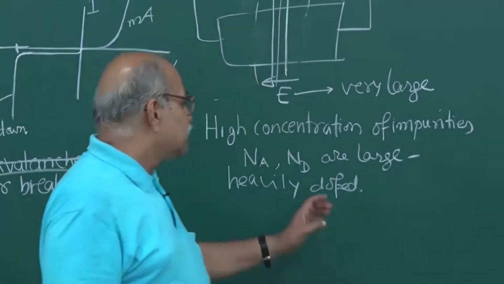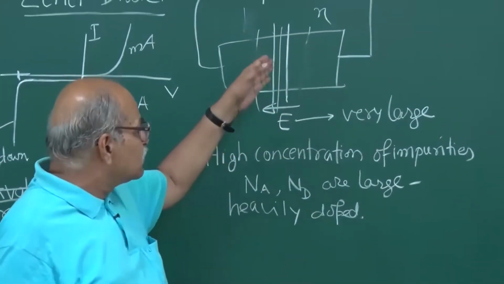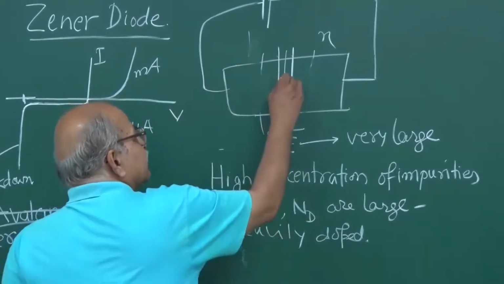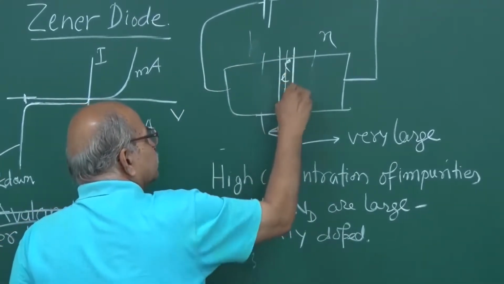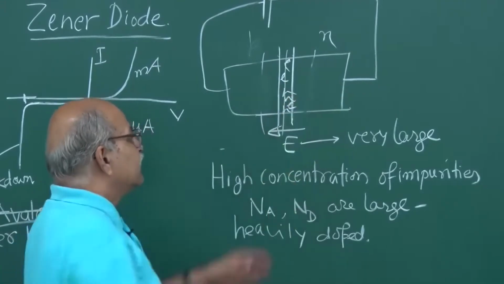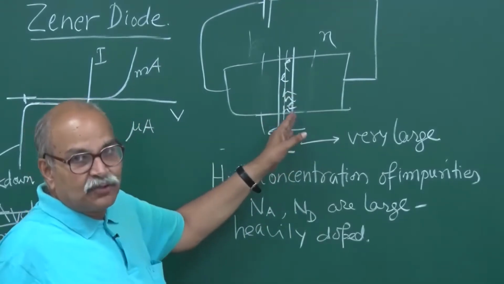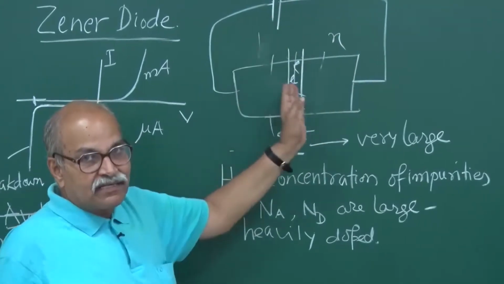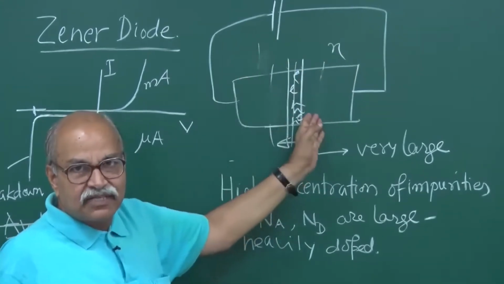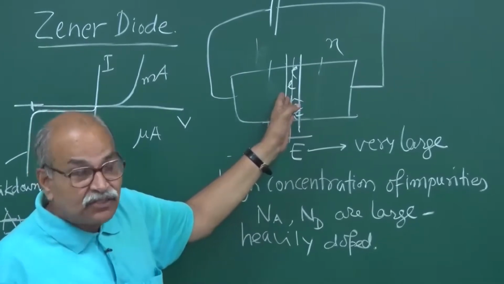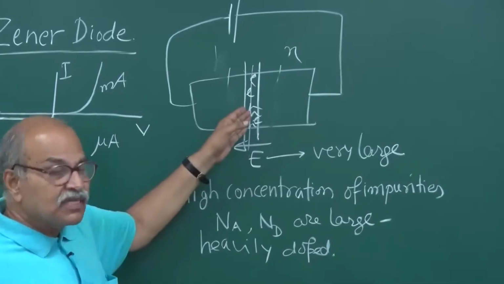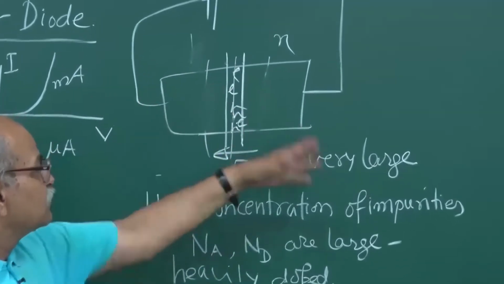So once this process starts, because of the strong electric field, electron holes are created in this region, and the moment they are created, remember this electric field is there to sweep them and give rise to that current. So you can have current in the reverse bias which can be very large, because a lot of electron hole pairs are continuously being produced, and then the electric field here is sweeping them.